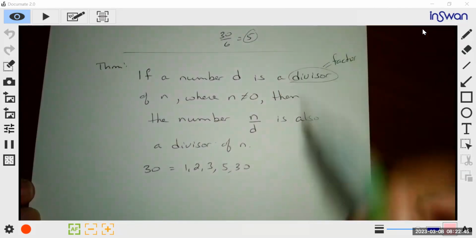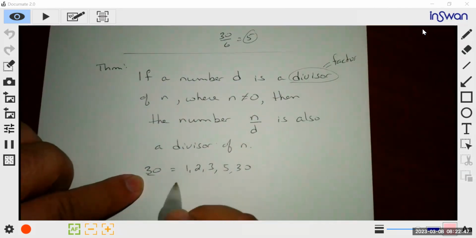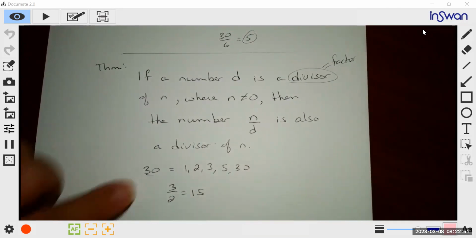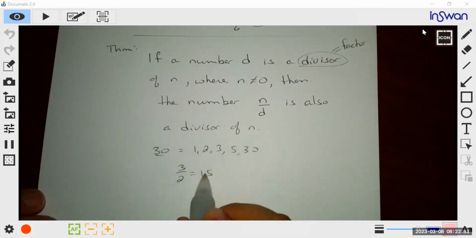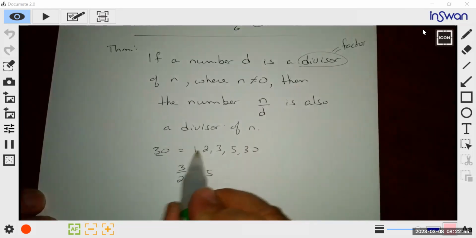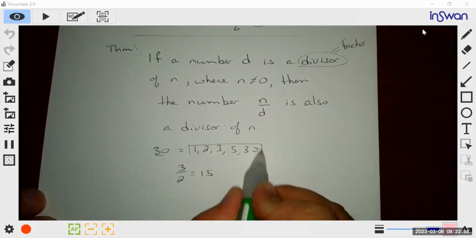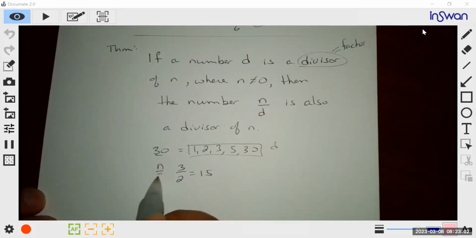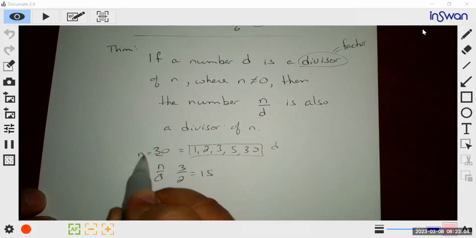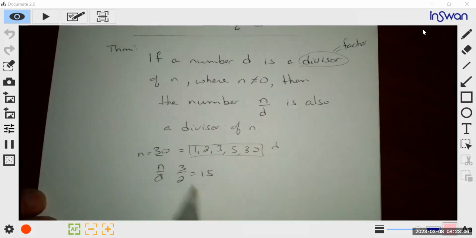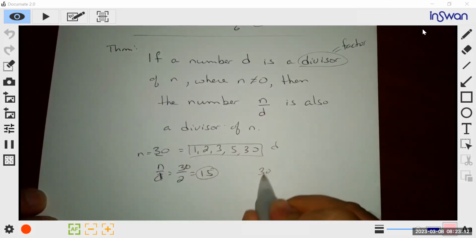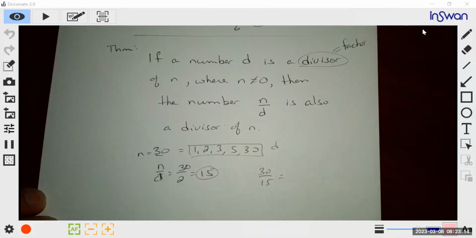So as we did up here, here's a number. 30 divided by 2 is 15. This is the n over d. Since these are all divisors, these are all d's. N over d, this is n. These are my d's. So 30 divided by 2 is 15. That means 15 is also a divisor of 30.